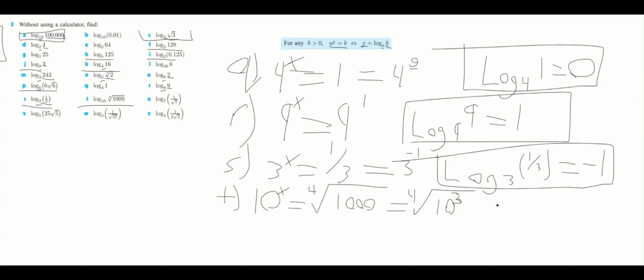I know it looks horrendous. And so 4 would be the denominator, and the power of 3 would be the numerator, so it's 10 to the power of 3 over 4. Which equals log base 10 of the 4th root of 1,000 equals 3 over 4.